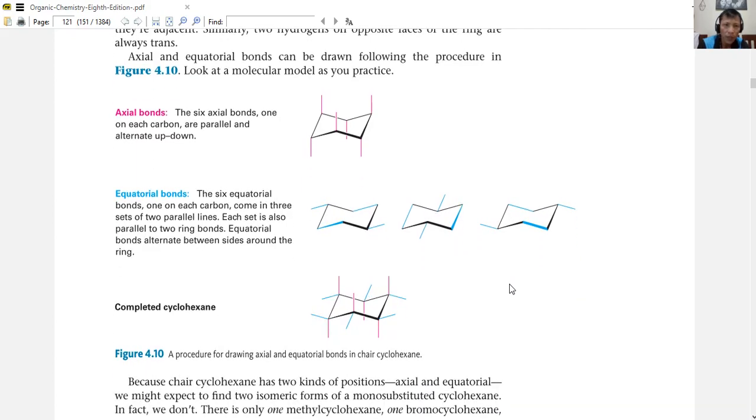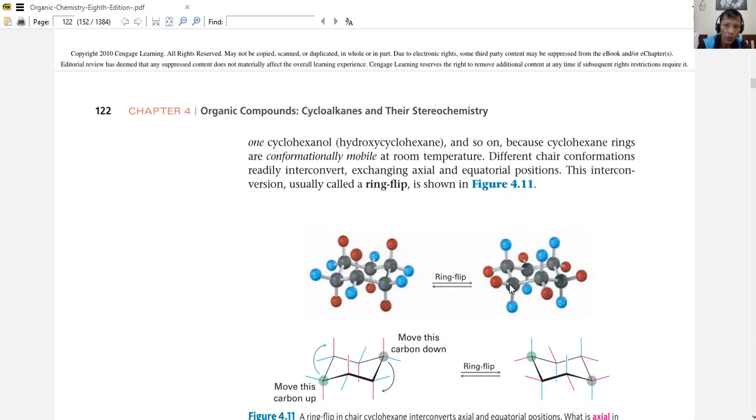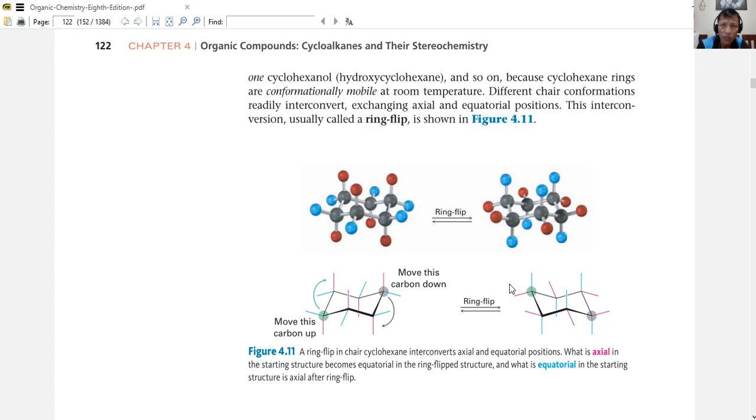So we are being taught how axial bonds and equatorial bonds are drawn, because they are really important under discussion, of course, when you talk about, let's say, sugars, or probably other compounds which have this conformation. There are discussions about ring flip.